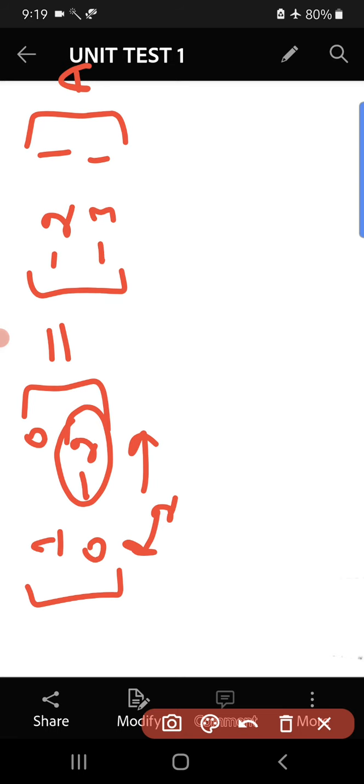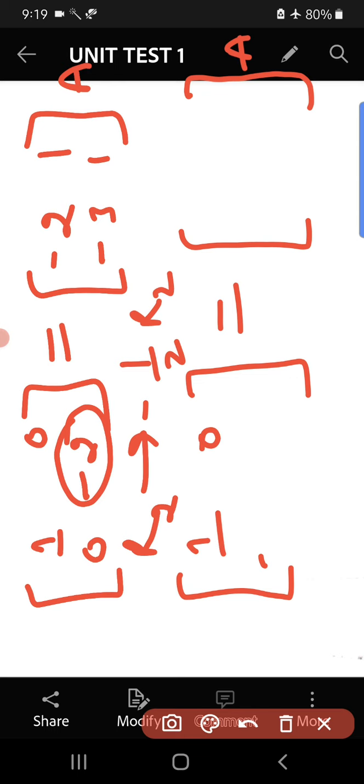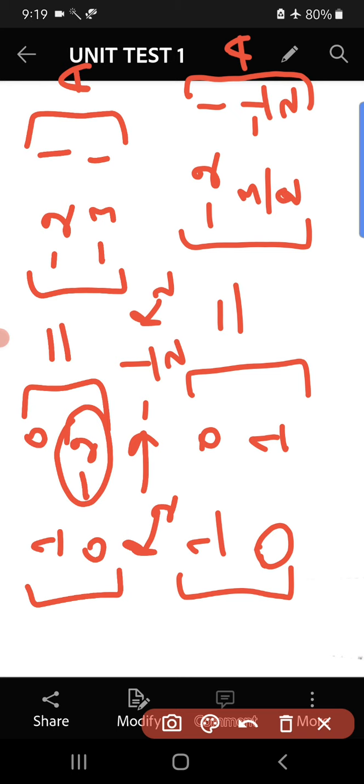I will write that as R2 changes to minus half R2. The first row remains the same. I am multiplying every element of the second row by minus half. This is 0. Minus half into minus 2, that will be 1. Then minus 3 into minus half, minus into minus is plus, that is 3 by 2. Then 1 into minus half, that will be minus half.